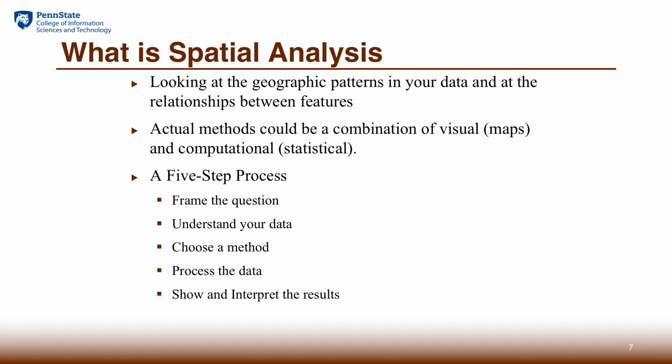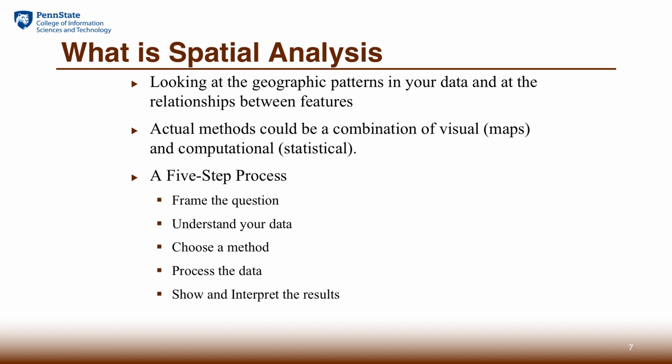Normally, we think about spatial analysis as a 5-step process. First, you frame your question, and you should do this as specifically as you can. Next, you choose the data from among the available sources. This is very critical. Like we talked about the relevance of data, the judgment on what data is relevant is a critical aspect of spatial analysis.